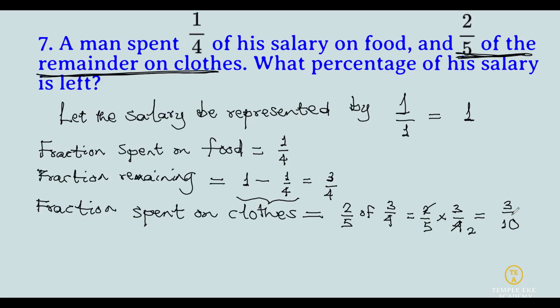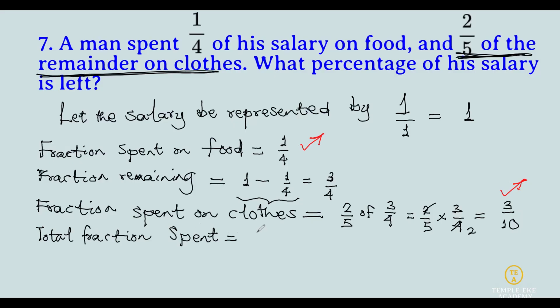Now we have 2 important things. Number 1, the fraction spent on food. And number 2, the fraction spent on clothes. Now we can determine the total fraction spent. The total fraction spent, both food and clothes, is the sum of the fractions.